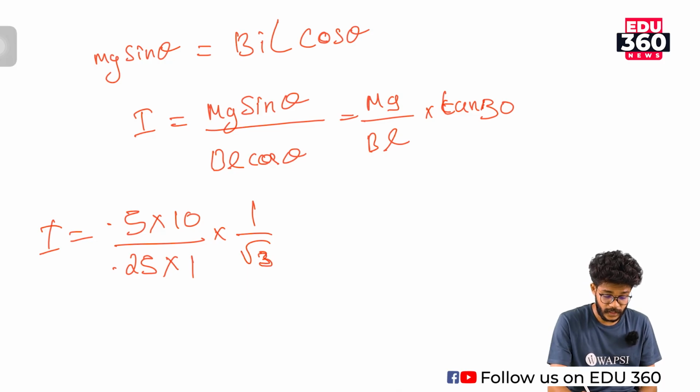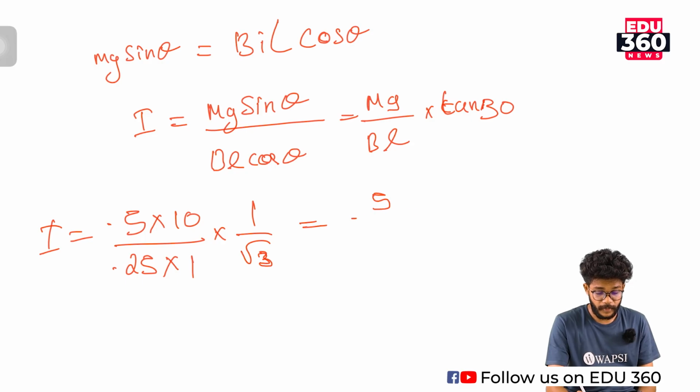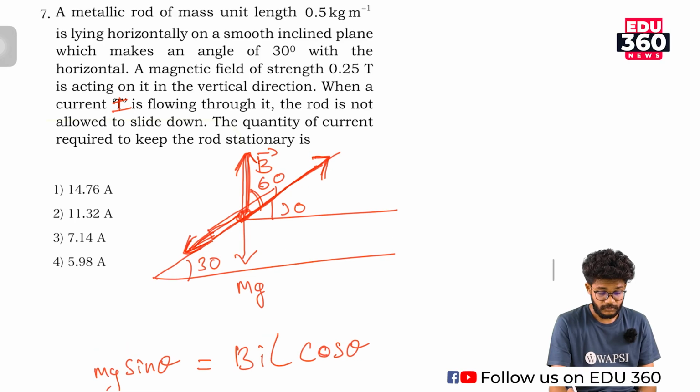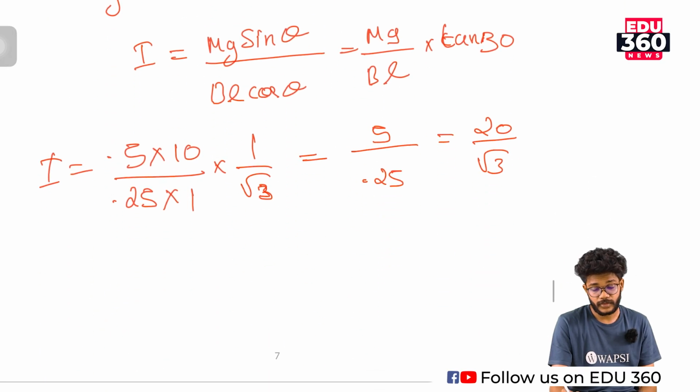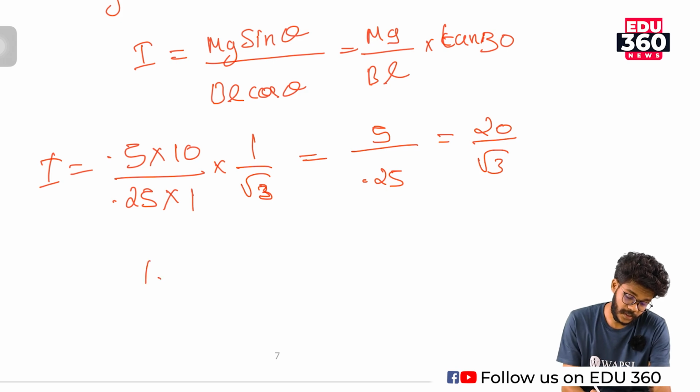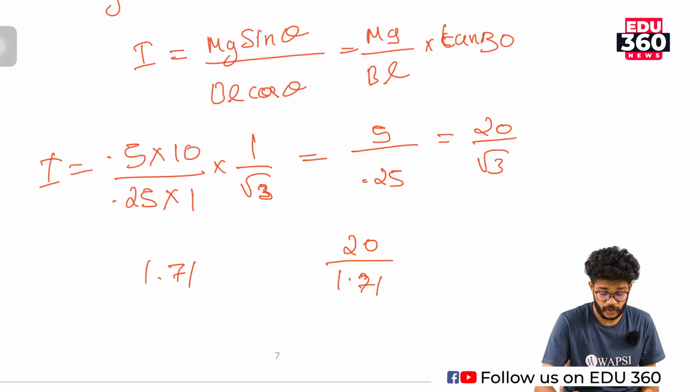Which gives 5 by 0.25, which is equal to 20 by root 3. Actually we want to calculate 20 by root 3. The value of root 3 is 1.71, so 20 by 1.71 is how much?